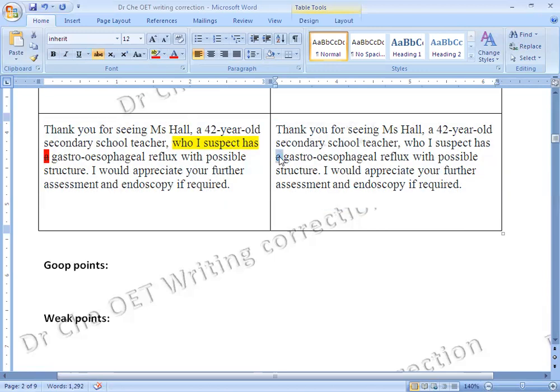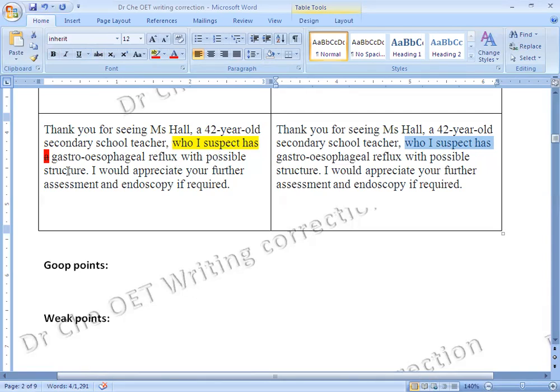We cannot say diabetes mellitus or an asthma like this. Instead of who I suspect has, actually the diagnosis of gastroesophageal reflux is confirmed.